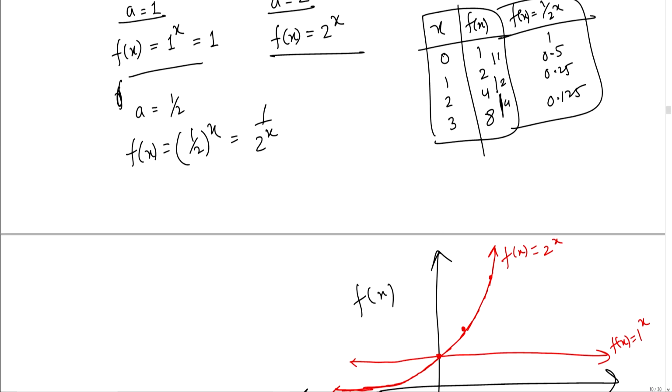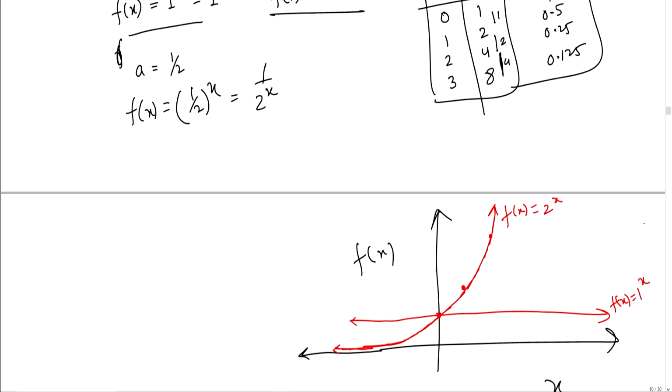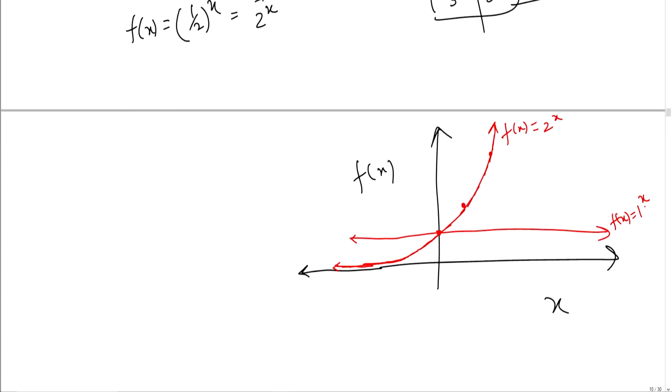Now, in this case, the value of y is decreasing as x is increasing in the positive direction. So, here it is 1, but it is decreasing like this. But it would increase in this direction as you take negative values of x, okay.